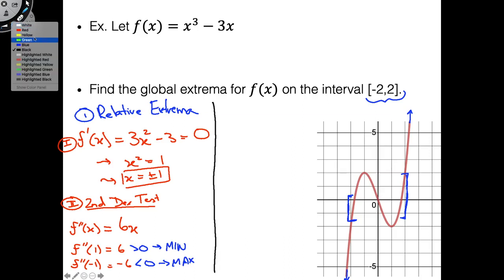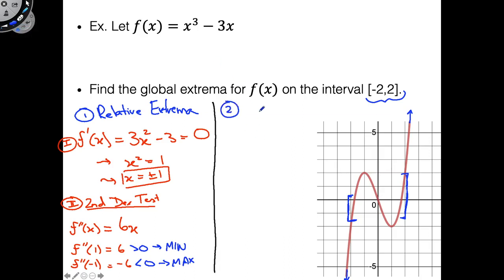The second step to this will be to also look at what we call endpoints, right? The reason we look at endpoints is because if you look at what's going on in this graph, for example, where could the biggest or smallest values of our function occur?